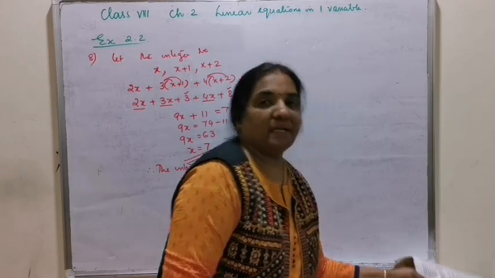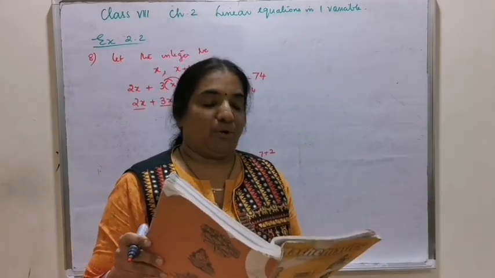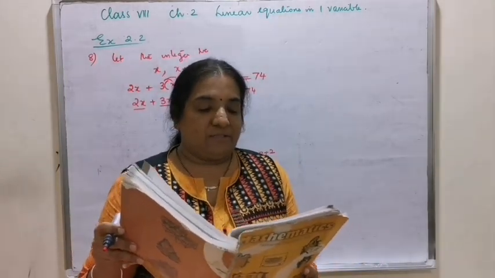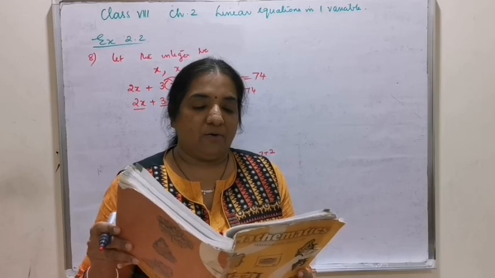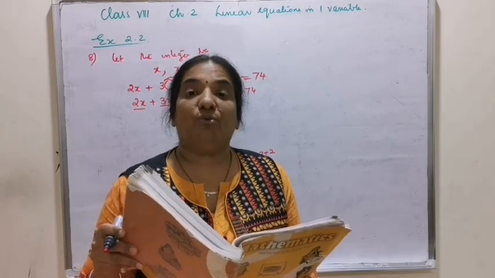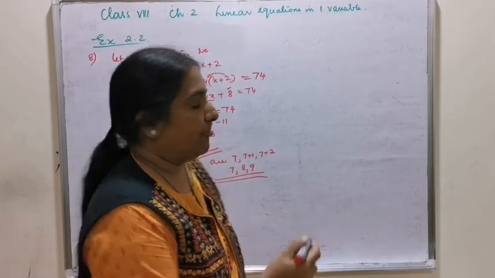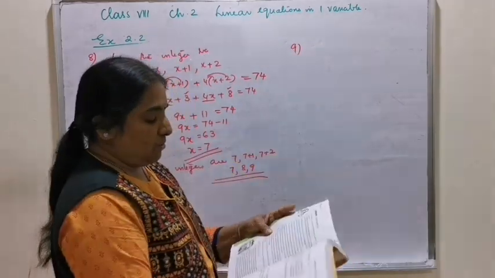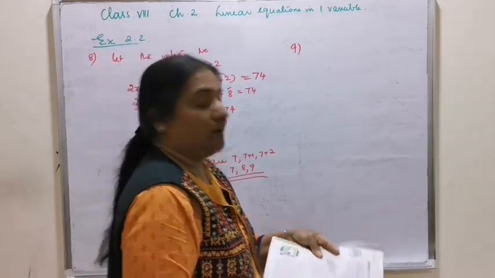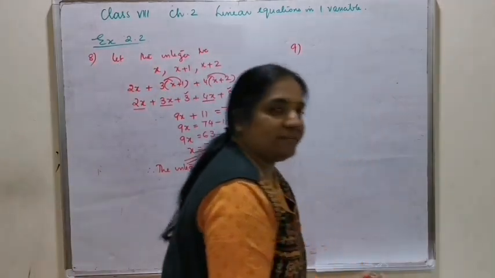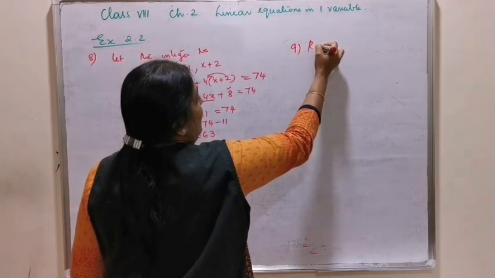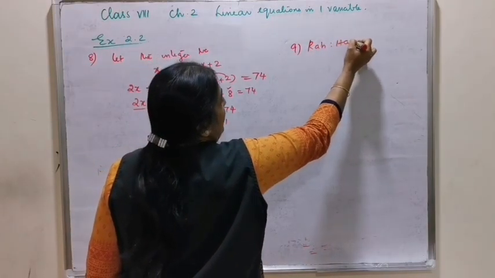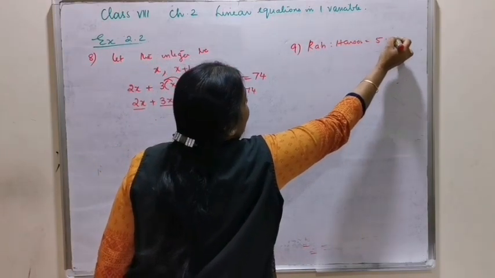Question number 9 on age problem. The ages of Rahul and Harun are in the ratio 5:7. So Rahul's age is to Harun's age is 5:7.